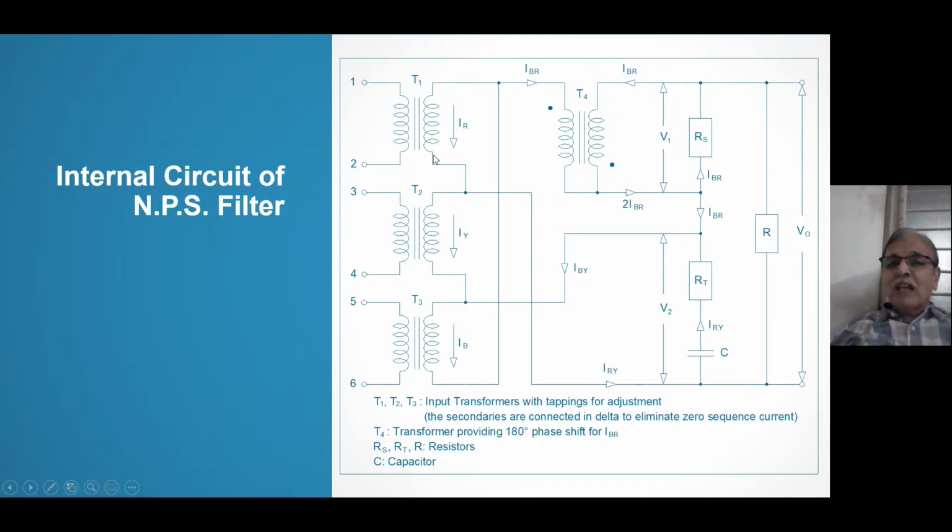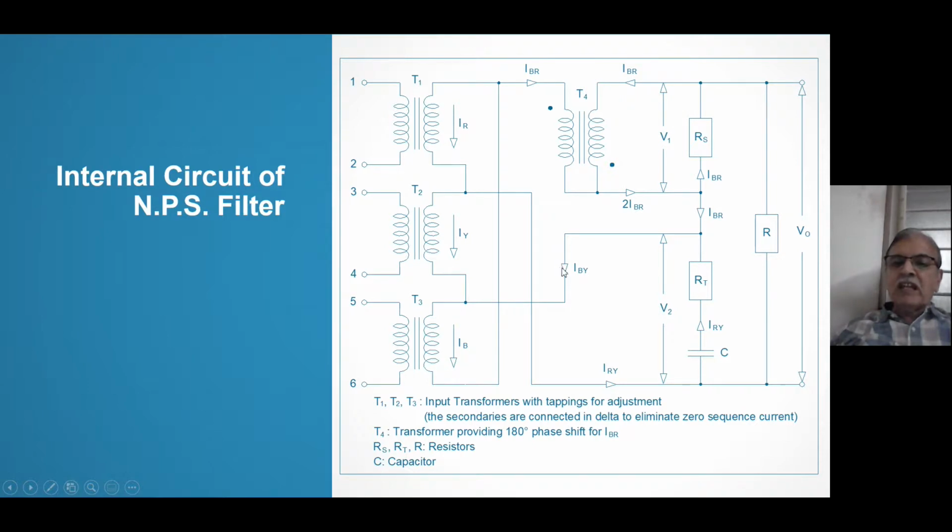Now what do we do? The secondary winding is connected in delta. So this is IBR, you can see IB minus IR. Right? This is IBY coming, you can see IB plus IY plus IBY is equal to IB.